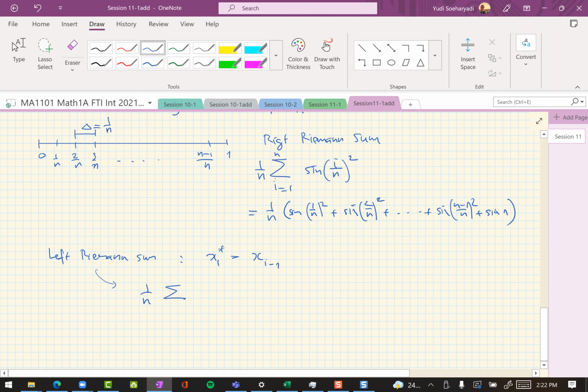You can start from i equals 1 till n and minus 1 over n. Okay, and then you get this number.